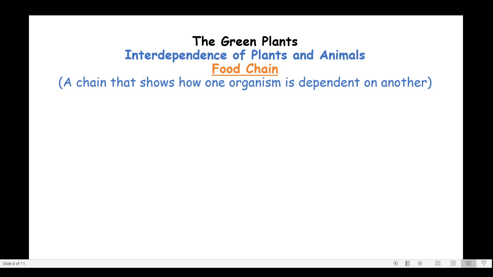Now, next is food chain. Again, it's just a revision of what we have done in class 3. Now we'll talk about a chain, where one organism is dependent on another and they form a chain in the environment.